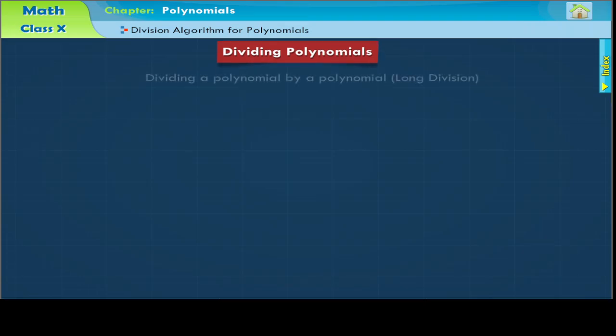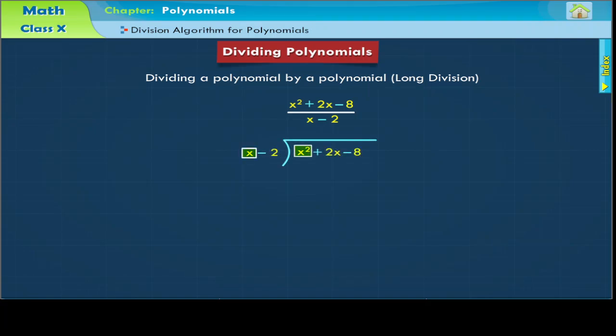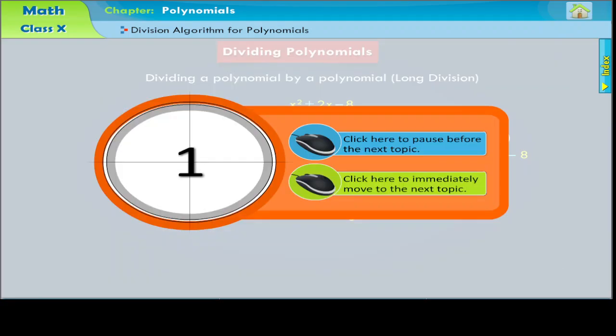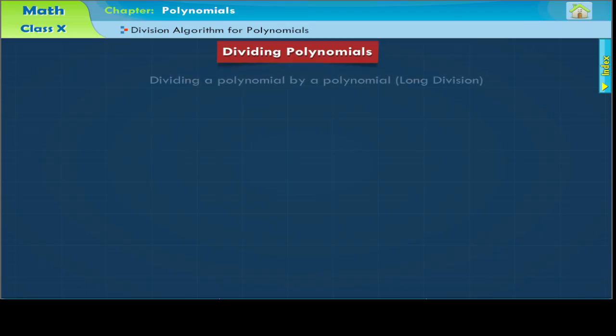Dividing polynomials. Dividing a polynomial by a polynomial, long division.